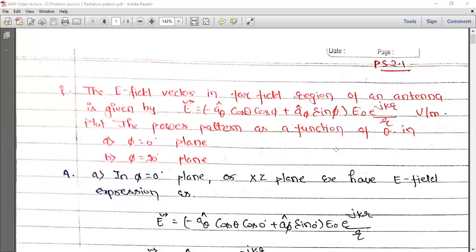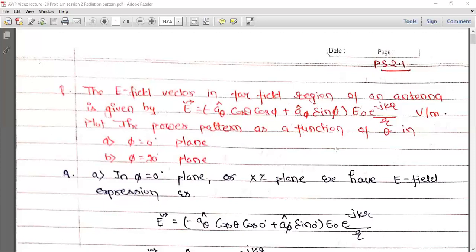So what is power pattern? We find the net power radiated by the antenna, or net power density in different directions radiated by the antenna, number one. This power density is generally a function of r, because as you travel more distance, this power density reduces.